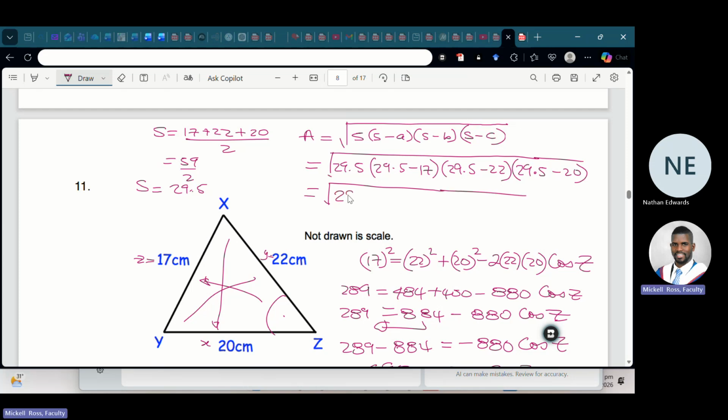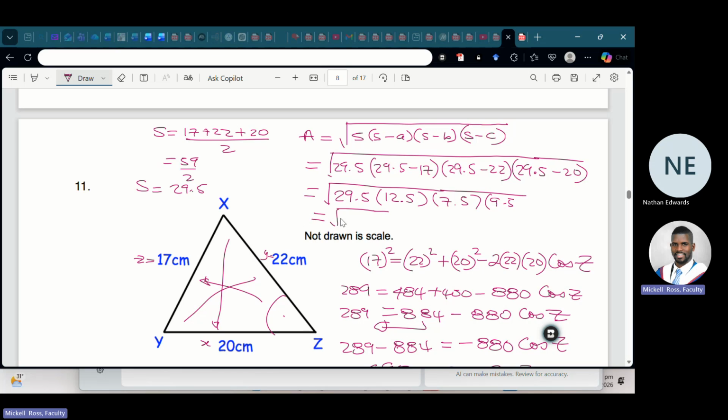So we're going to have 29.5 times 12.5 times 7.5 times 9.5. So we take the square root of the product of each of these.